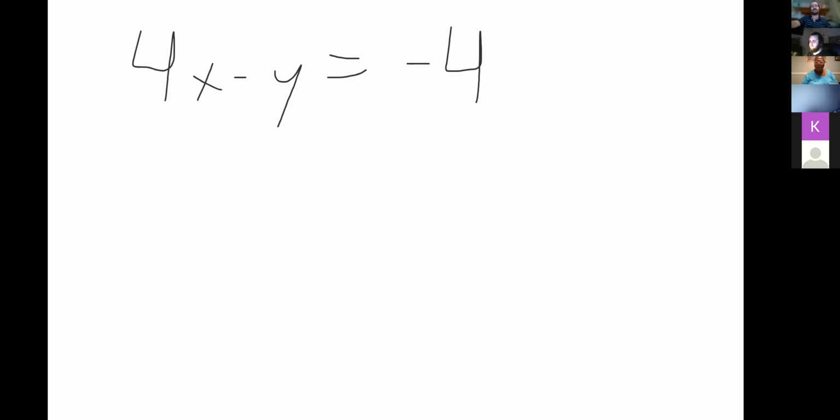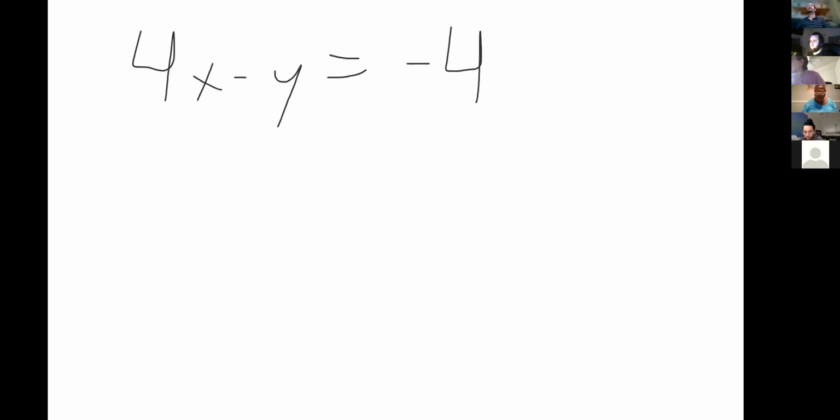The ones that are up are from last semester, so they may not match what we're doing. I just printed them out and it matches what you're talking about. If it matches, then you probably have the new one. But there should be only A, B, and C for 3. And we're doing B, and it should be 4x minus y equals minus 4.